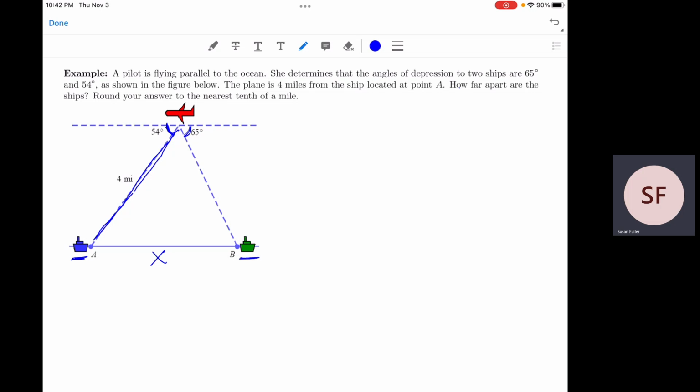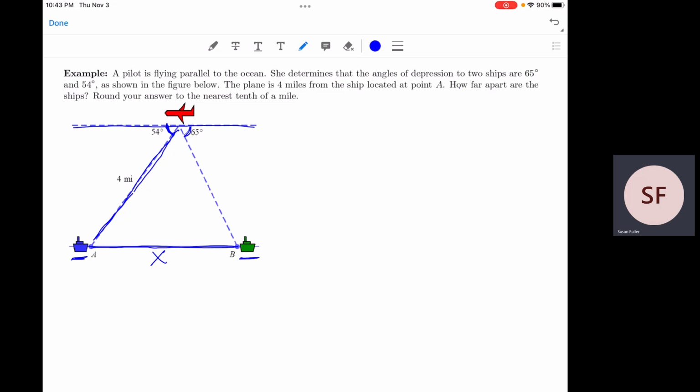So we need to look for some ways to get some information about our triangle from the information that we're given. Because this pilot is flying parallel to the ocean, and this distance that we're looking for is along the ocean, these two lines are parallel.